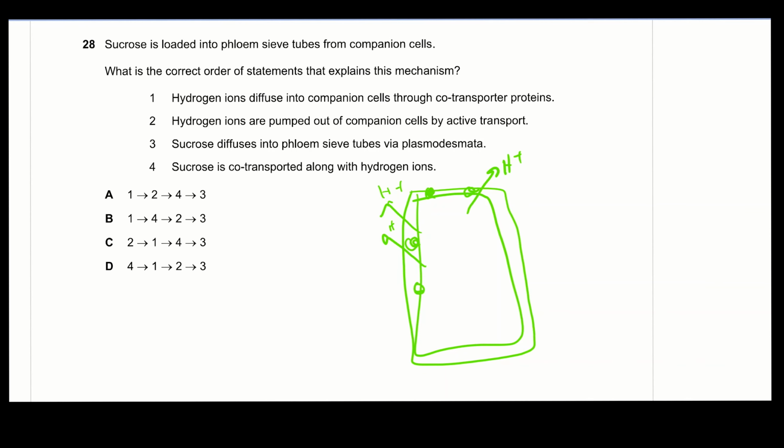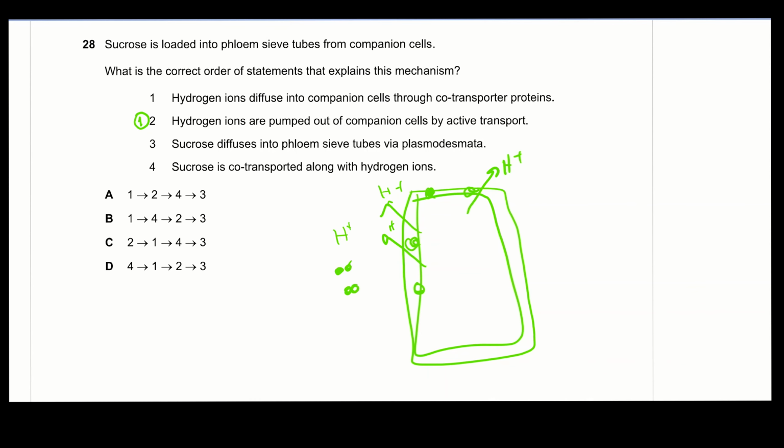So the first step is going to be 2. Then what happens is that hydrogen ions diffuse into companion cells through co-transporter proteins. When hydrogen ions are now out, there is a high proportion of sucrose outside the companion cell.